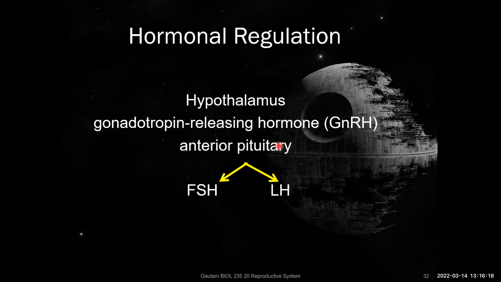The pituitary gland has 2 regions to it, a region that is anteriorly placed, and then the region that's posteriorly placed. So GnRH, called gonadotropin releasing hormone, comes from the hypothalamus, travels to the anterior pituitary, and the anterior pituitary releases 2 hormones in response to the GnRH. That is called FSH, stands for follicular stimulating hormone, and LH stands for luteinizing hormone.